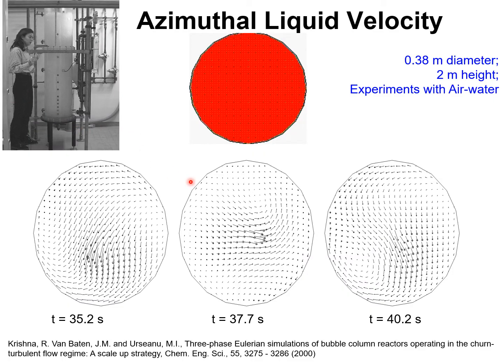Let's look at Eulerian simulation results for an air water bubble column of 38 centimeter diameter, 2 meters in height. We will compare the Eulerian simulation results with experimental data, and these experiments were conducted in the 38 centimeter diameter column shown here in my laboratory in Amsterdam.